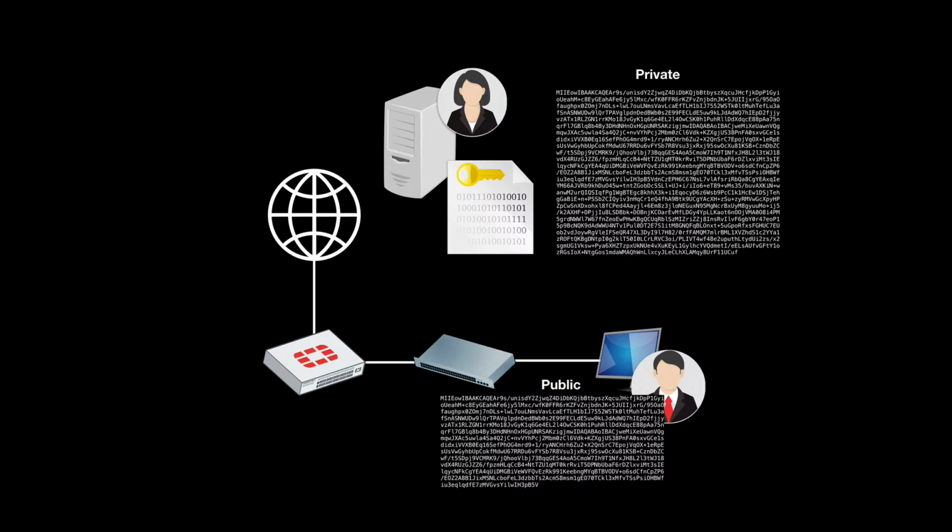Now, in fact, asymmetric encryption is not used to encrypt the session itself, the data, the payload that is being sent from Eve to Bob and vice versa, for many reasons. One of them is the size of the keys.